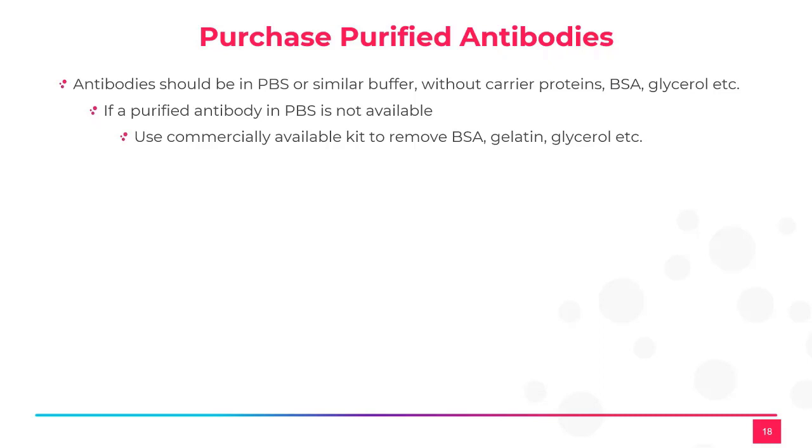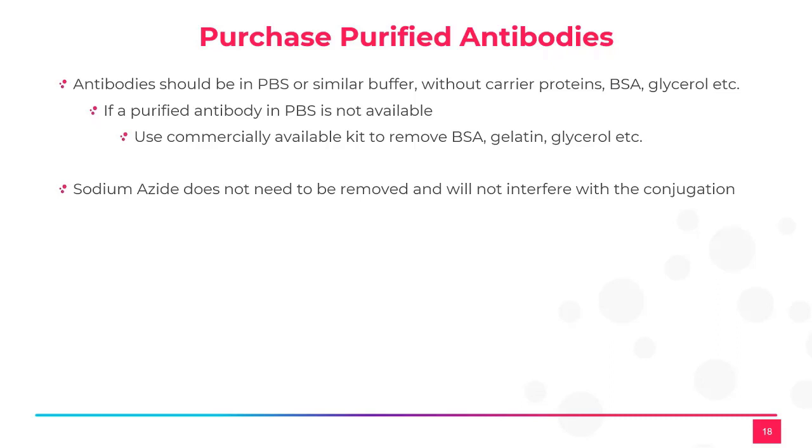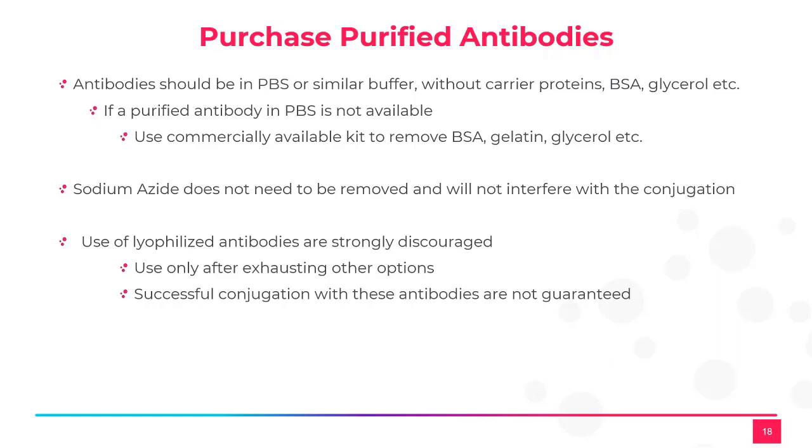If you can't find an antibody preparation in pure PBS, then we recommend using a commercially available kit to remove the BSA and purify your antibody. Sodium azide does not need to be removed and will not interfere with the conjugation, and use of lyophilized antibodies is strongly discouraged. Use these only after exhausting all other options.